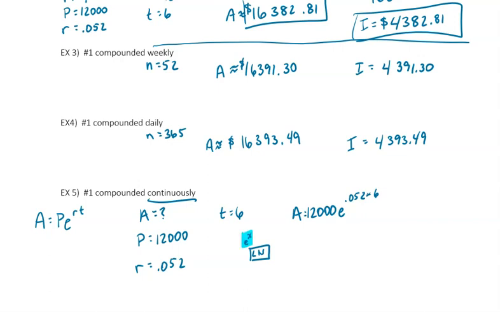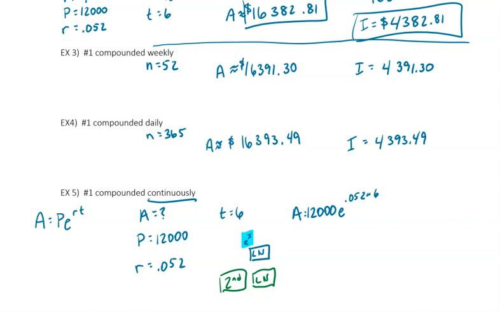The E to the X being little in blue or little in yellow, might be a different color depending on which model you have. But that means that you have to press second to get to E to the X. So you're just going to press second, and then LN, and that gives you E to the X. So it's going to give you E with a power already being raised on it.